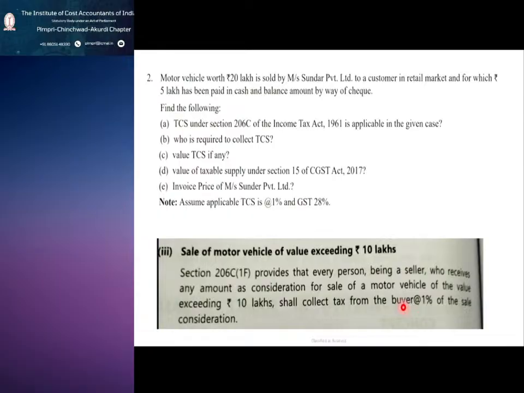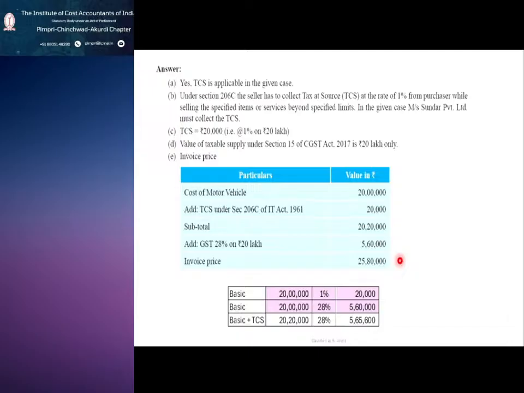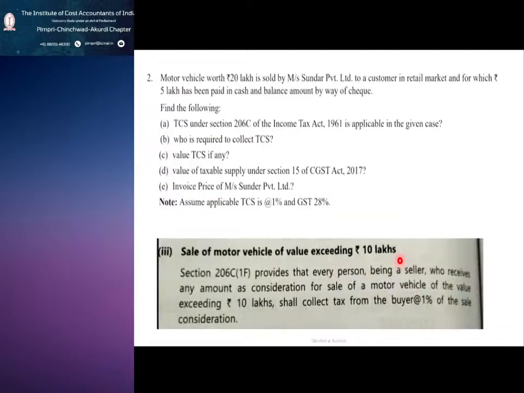In direct tax, you might have seen tax collected at source. It is a percentage of the amount that will be deducted. I will show you in this illustration.